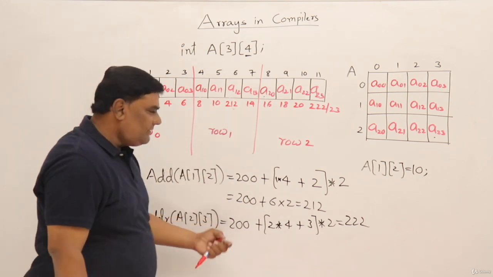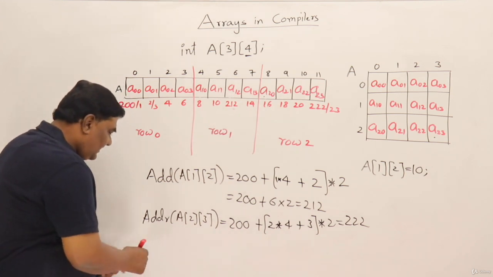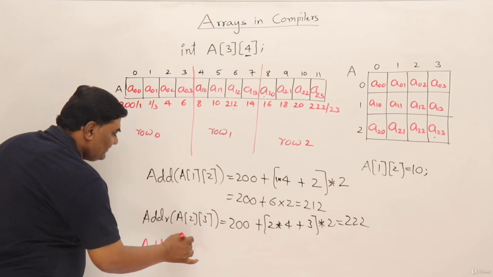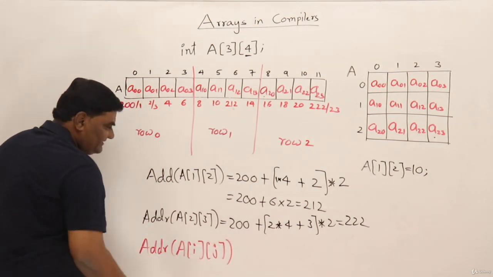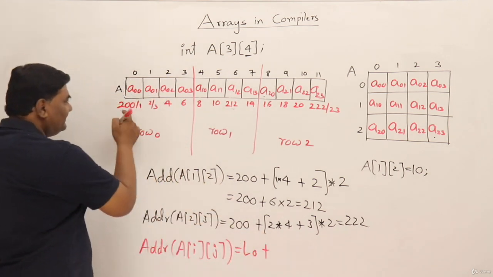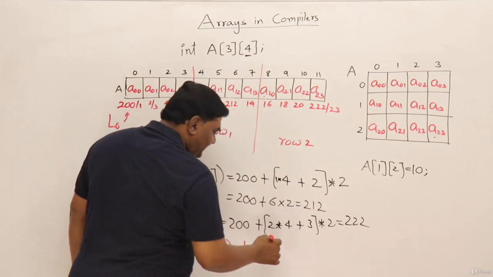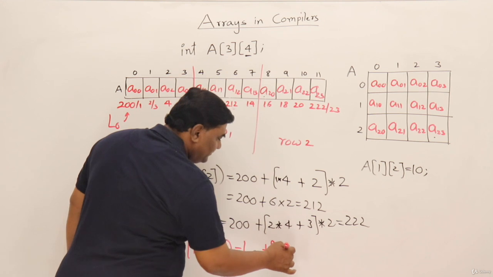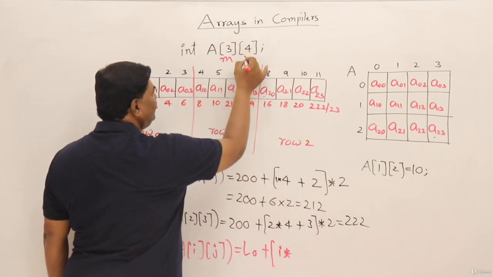Now from these 2 examples, we are in a position to write a formula for it. So address of any index A of i, j, we take i and j for representing the indices. So this is L0 plus, L0 is the starting address, that is the base address, L0, location 0, plus this is i into number of columns. So let us call this m cross n.